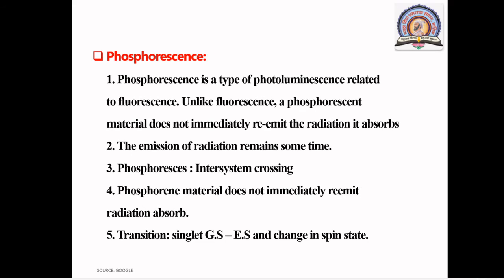Okay, so let's see phosphorescence. If we compare fluorescence and phosphorescence, the phosphorescence process is slower as compared to fluorescence, and it occurs from the triplet excited state to the ground state. What is phosphorescence?